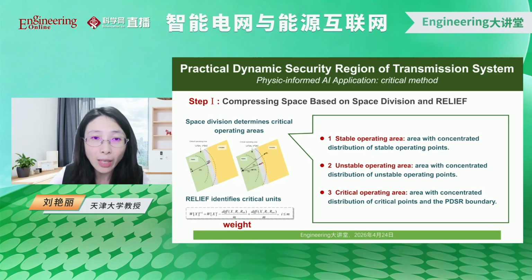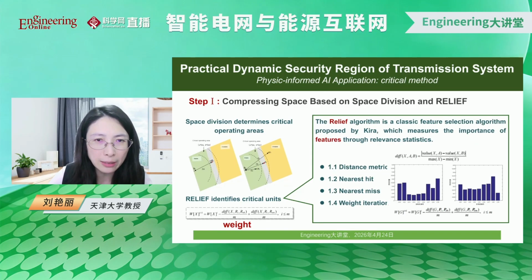And as I mentioned, during the past decades of research conducted by Tianjin University, we concluded the differential topology characteristics of the PDSR. So that means we use a mathematical way to give the real equation to describe where the critical operating area is. So the detailed equation will be given in the paper.